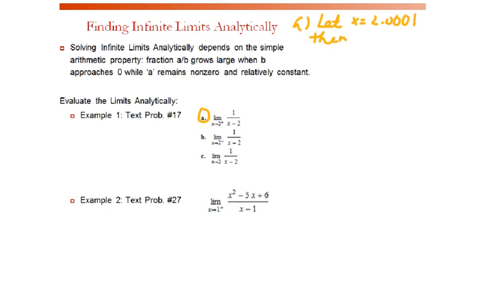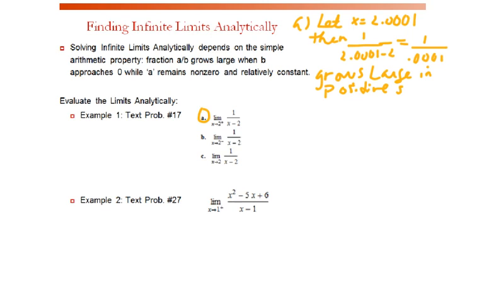So analytically, the function is going to be 2.0001 minus 2, which is 1 over 0.0001, and you can see that this is going to grow large in a positive direction. But the sign is positive. So it grows large in a positive sense because the sign of this is positive because you're always on the right side of 2.